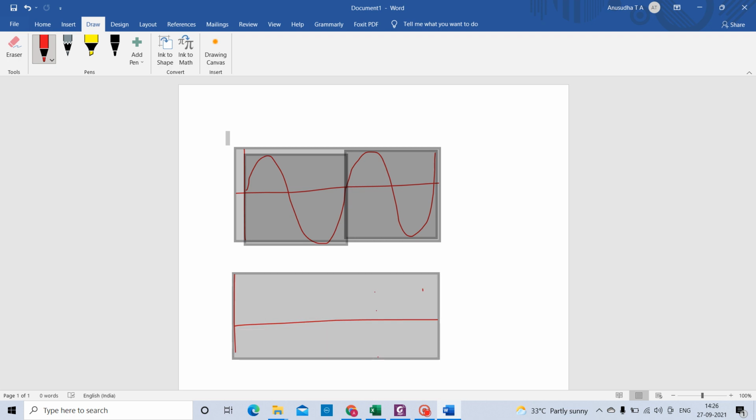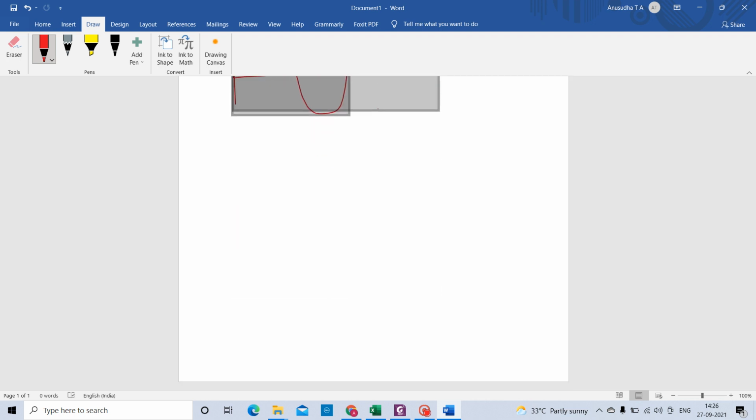If the signal does not repeat after the fundamental time period, such a signal we call an aperiodic signal.